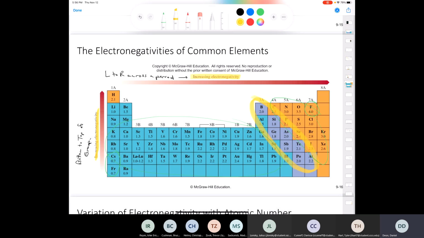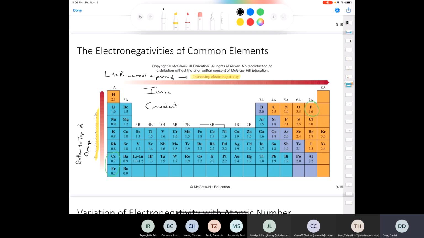Well, what conclusion could you draw from looking at these numbers? The conclusion that I would make is this. The two types of bonding that we've looked at this evening are ionic and covalent. Now, ionic bonding occurred between a metal and a nonmetal.